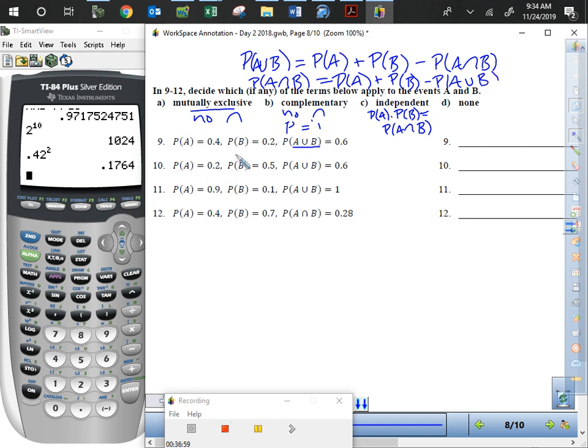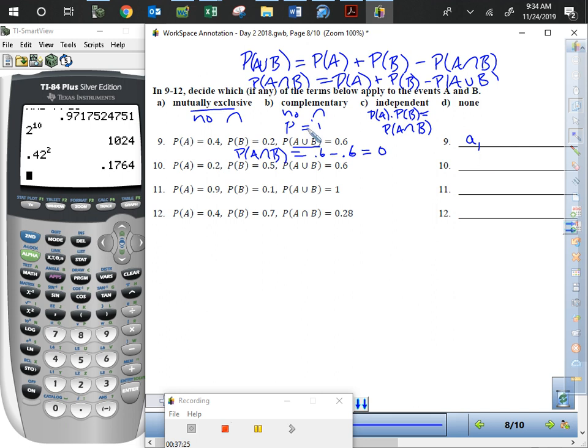So on this one, let's find the intersection, doing what we just talked about. We're going to take the two separate ones, add them together, and that's 0.6. And we'll subtract off the union, 0.6, and we get 0. So far, I know they are mutually exclusive. Now, I want to decide if they're complementary as well.